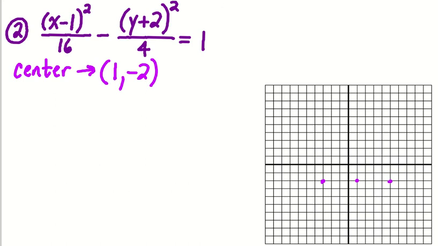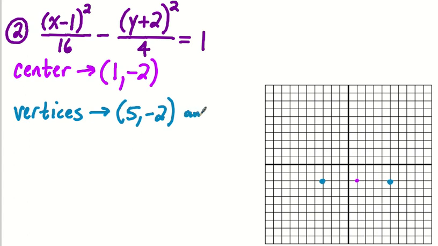So I can already say that my vertices would be, 2, 3, 4, 5 comma negative 2, and negative 3 comma negative 2.